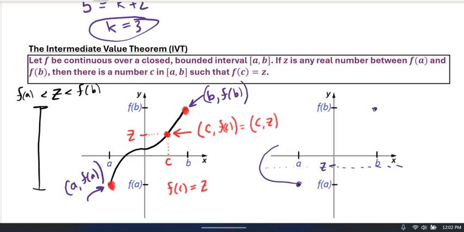The only way to get it done would be to draw up here somewhere and then hop over the top and then keep drawing. Well, when you do that, you left a hole there, meaning it's not continuous. So this theorem is basically saying if you have a continuous function, then you must necessarily cross every z between f of a and f of b.